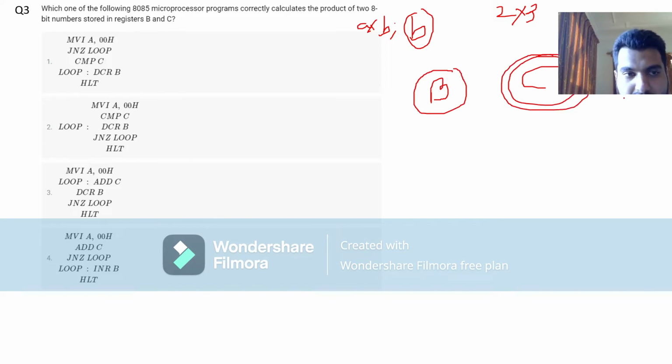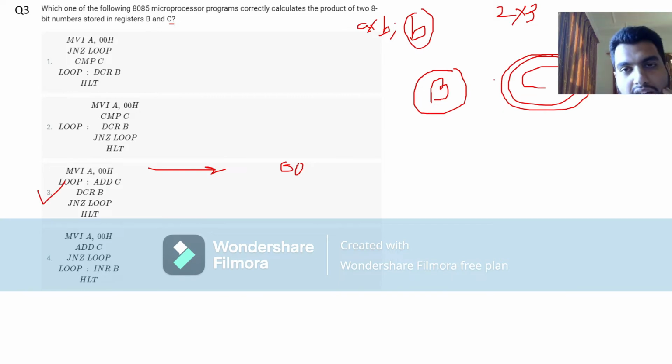So among the following, the correct option which depicts the multiplication of two numbers stored in registers B and C is option 3. How? First we are resetting the accumulator contents to 00. Then we are adding C, so C, one of the numbers, gets added to the accumulator.